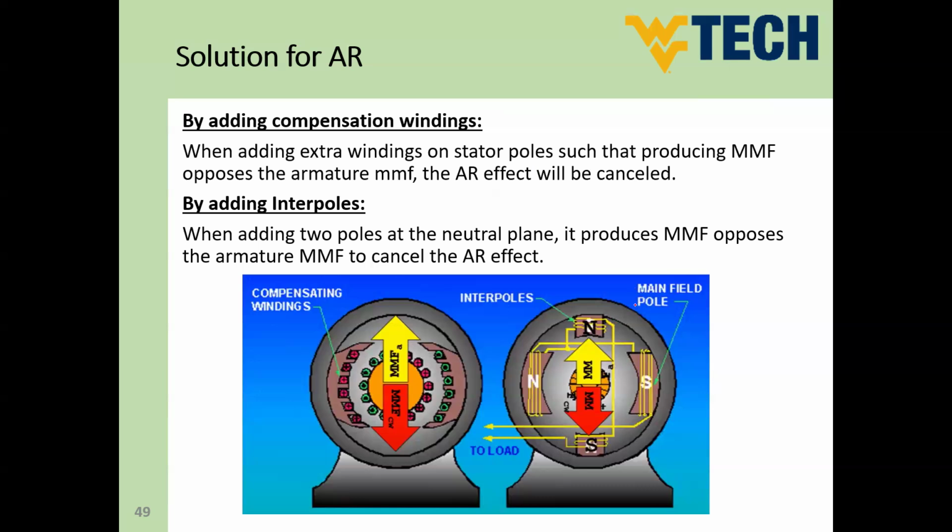So the best way to avoid the armature reaction is to use interpoles or compensating windings, or both together, to avoid any problem with the armature reaction. So this is a solution for the armature reaction.